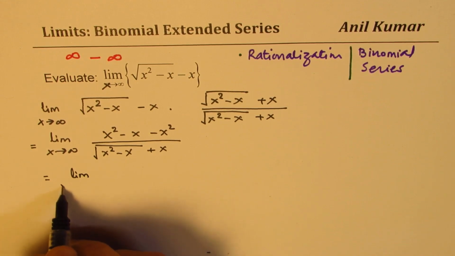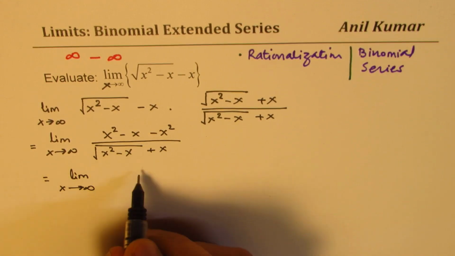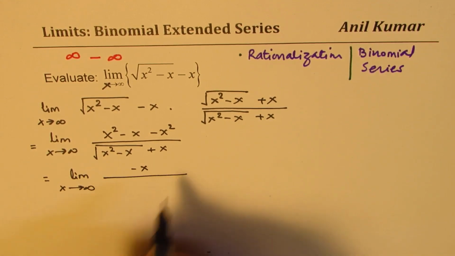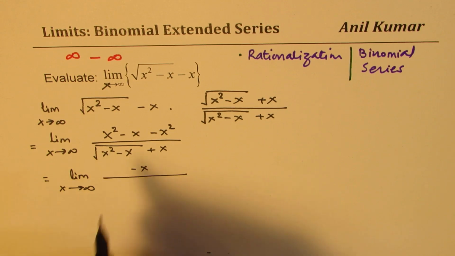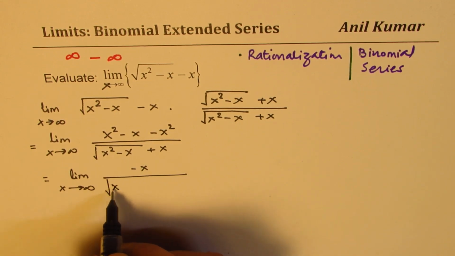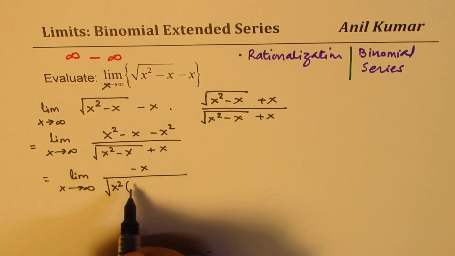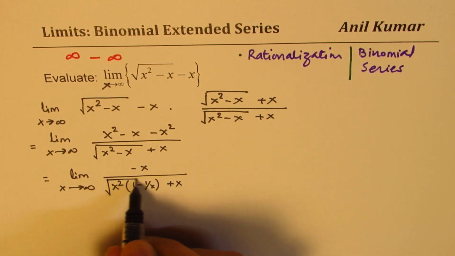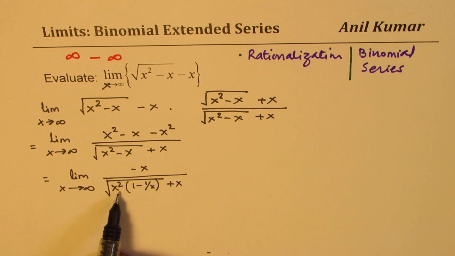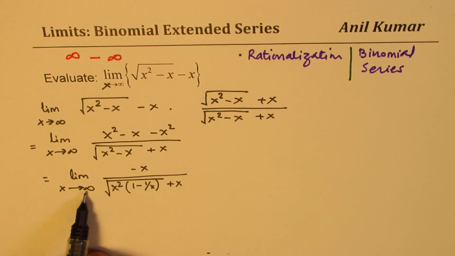We get the limit as x approaches infinity of minus x over. Now when you land up in such a situation, we need to factor out this x square. So if I factor out x square, I get 1 minus 1 over x, and here we have plus x. Now as x is approaching positive infinity, the square root of x squared is x.